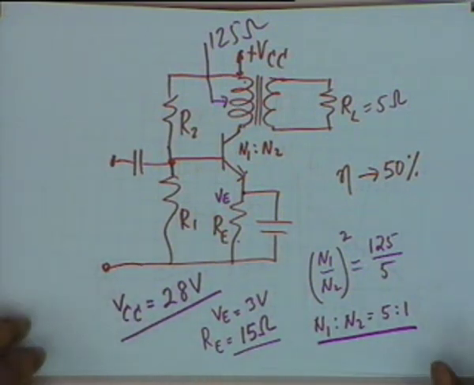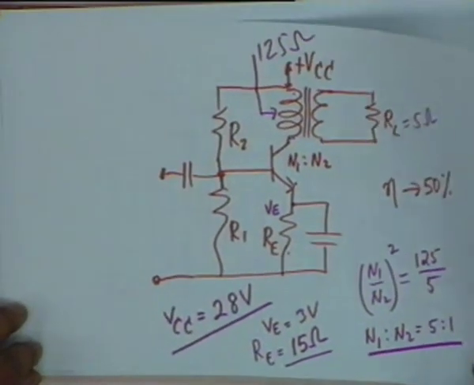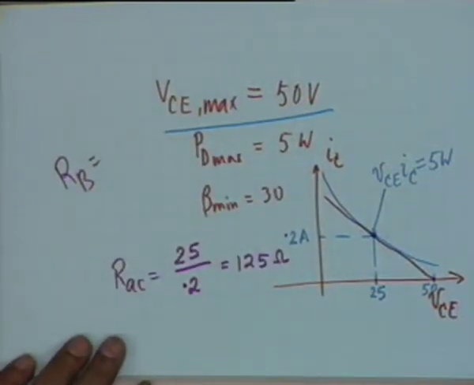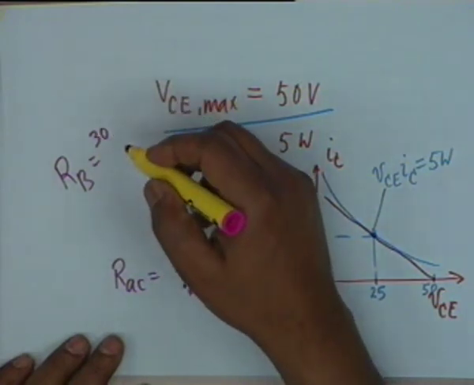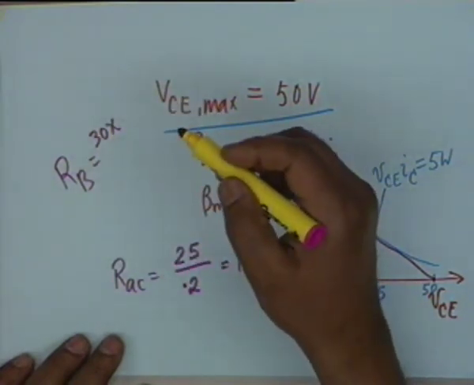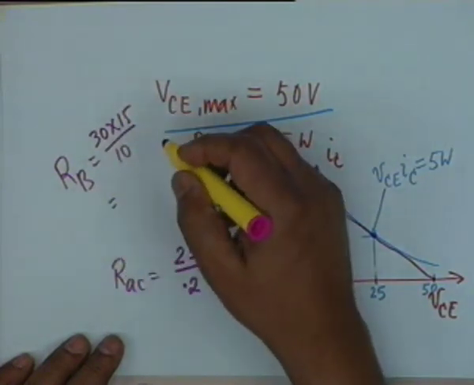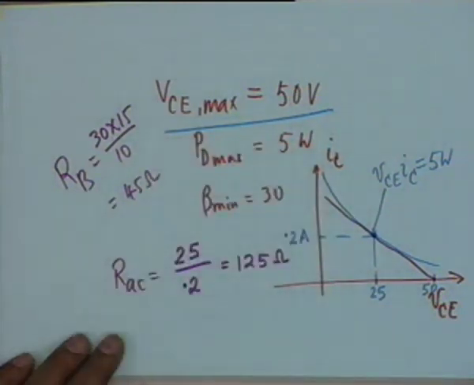All right. If you take nominal beta equal to, let us say, 100, beta minimum is 30, then you can now calculate R1 and R2 in the usual manner. RB, that is the parallel combination of R1 and R2, shall now be beta min, that is 30, multiplied by RE, that is 15, divided by 10, and therefore RB should be equal to 45 ohms.